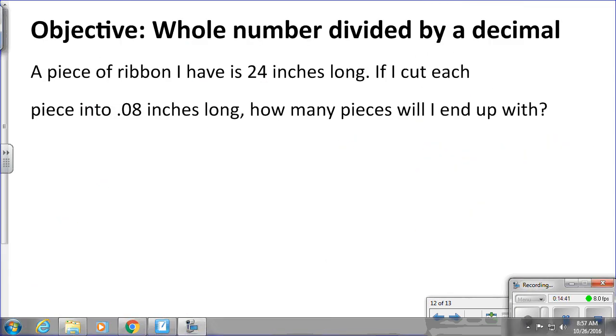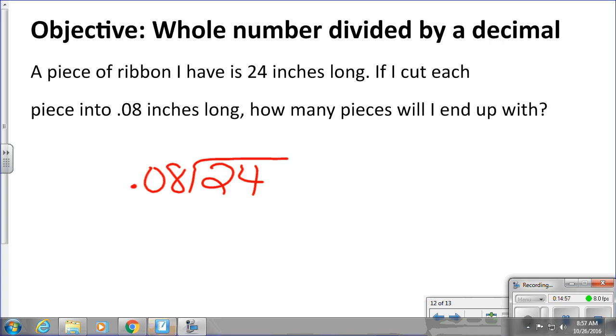All right, whole number divided by a decimal. A piece of ribbon I have is 24 inches long. If I cut each piece into 8/100 inches long, how many pieces will I end up with? 24 divided by 8/100.